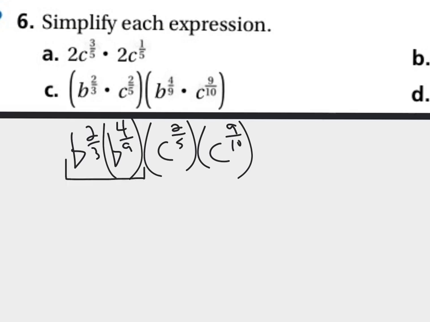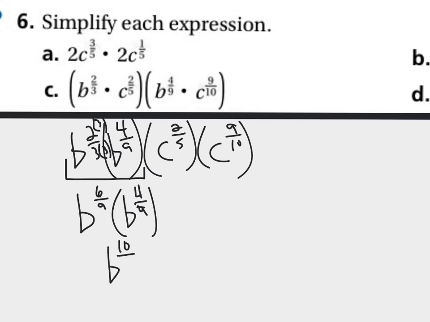So here I'm going to add 2/3 plus 4/9. In order to do that, it would be good if our denominators were the same. So multiply the first fraction, numerator and denominator, by 3. That'd be b to the 6/9. And then b to the 6/9 times b to the 4/9. Add those. 6/9 plus 4/9 would be 10/9. And you can just leave it like that.